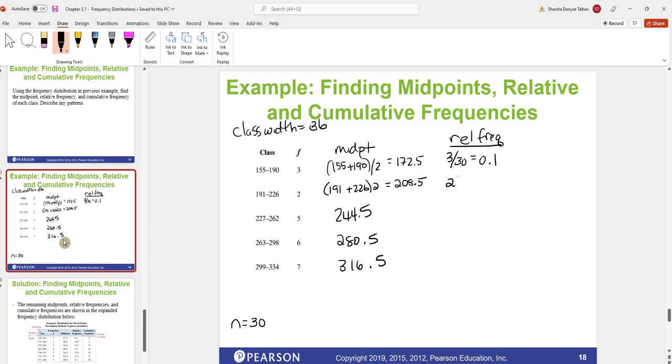I do the same for the next one. I'll take 2 divided by 30. I get 0.07. I keep going. I believe the next one was 5 divided by 30. I get 0.17. 6 divided by 30 gives me 0.2. And then 7 divided by 30 gives me 0.23.